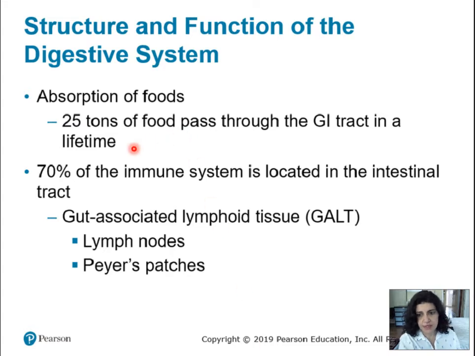Think about this. There are 25 tons of food that pass through the GI tract in the lifetime of a person. And 70% of our immune system is spread into lymph nodes and Peyer's patches, which is what we call GALT, or gut-associated lymphoid tissue.